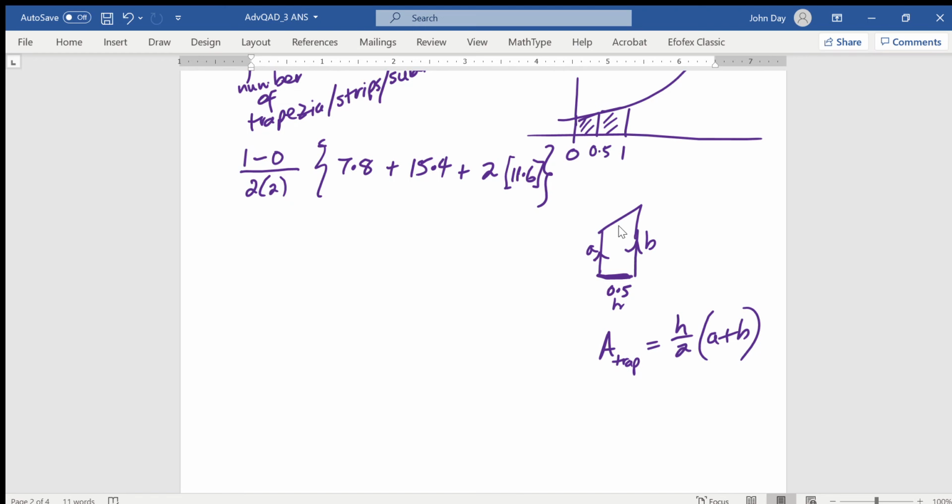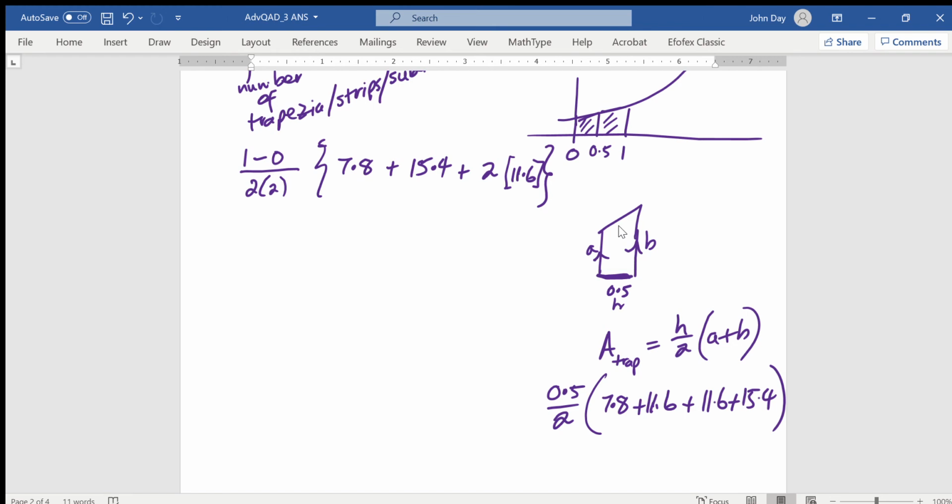So I could have just said 0.5 on 2, and I've got two trapeziums that I'm going to be working with: the one with 7.8 and 11.6, and also the one with 11.6 and 15.4. So just common sense and area of two trapeziums is going to get me there.